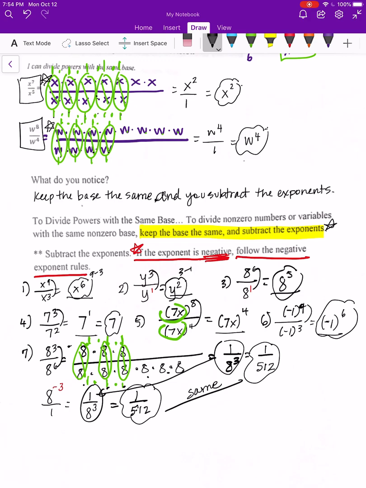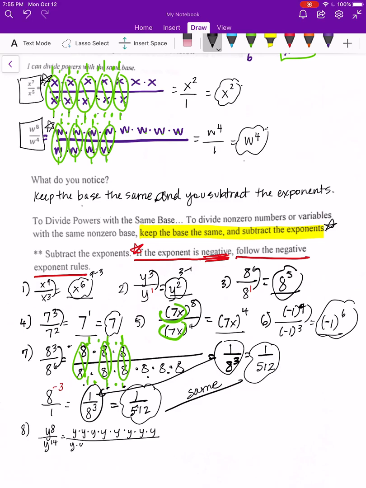All right. So here we go, number 8. Number 8 is y to the 8th over y to the 14th. Okay, so again, I could go ahead and do y times y, 8 of them, over 14 of them. That's a lot of them.